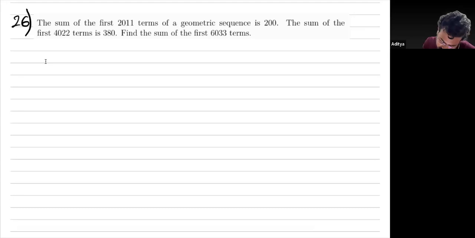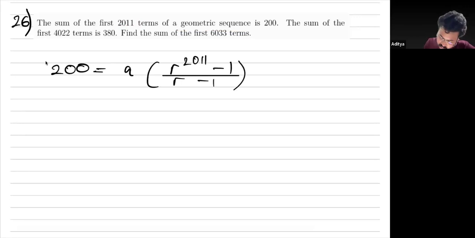So the complicated way of looking at this question would be that 200 is equal to the sum of the first 2011 terms, A times R to the power 2011 minus 1 upon R minus 1.